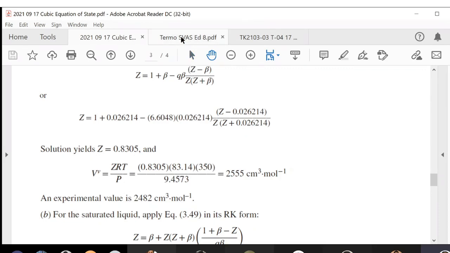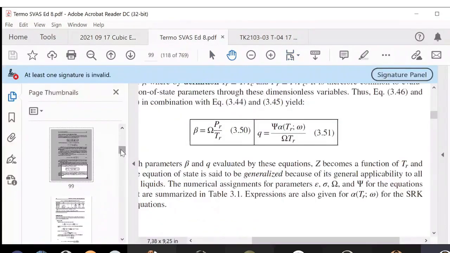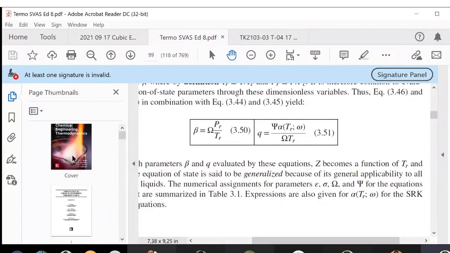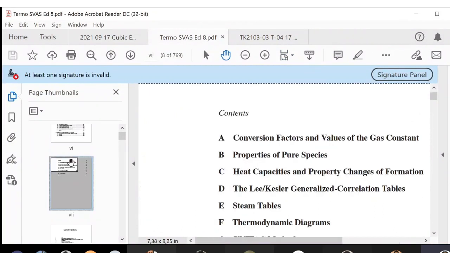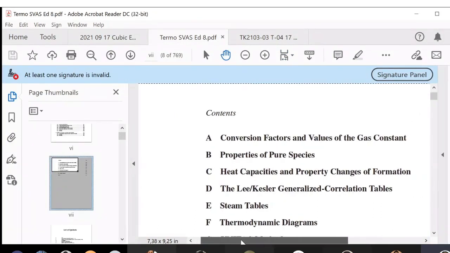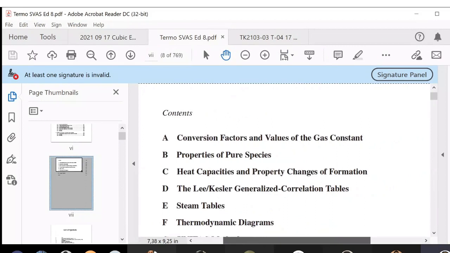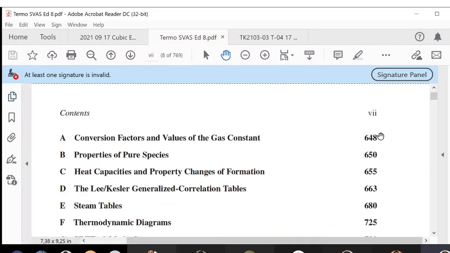In order to do that, check in the appendix. Okay, we have the listing of the appendix over here. This is in the table of contents. What is the page of the appendix? It is on page 648. I will open up 648 over here. 648.